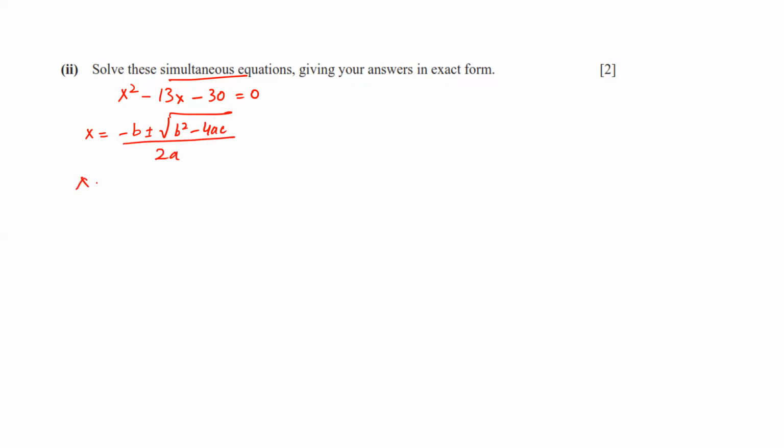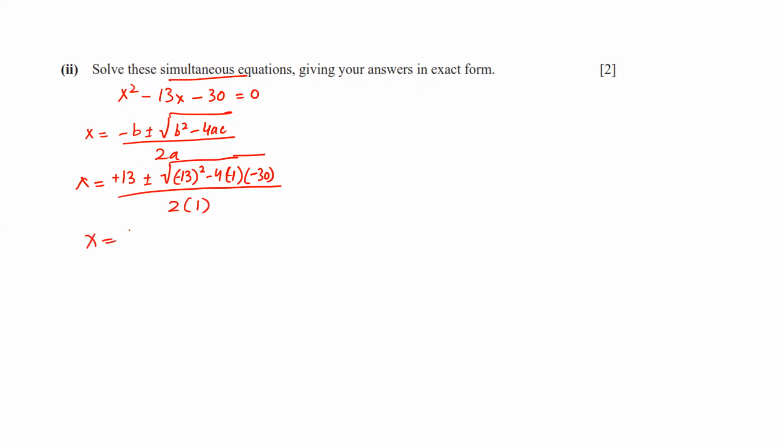So x is equal to 13 plus minus the square root of 13 squared minus 4 into 1 into minus 30, over 2 into a.